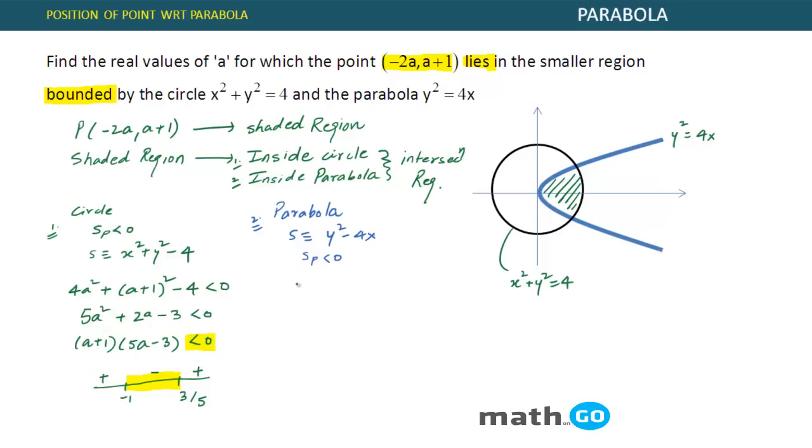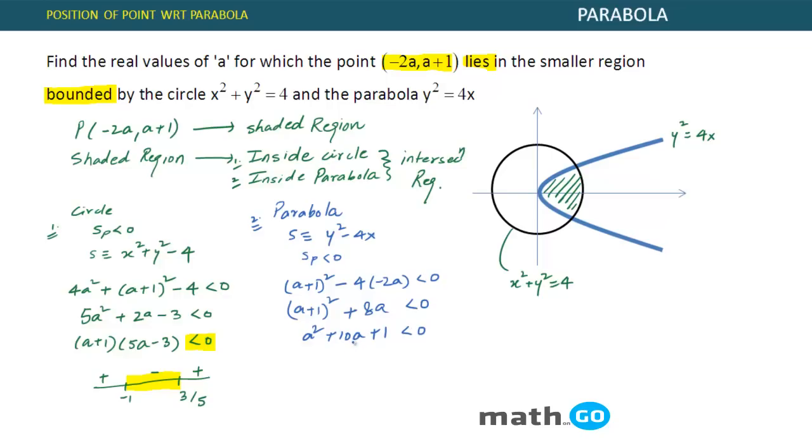What will this become? (a plus 1) whole square minus 4 into minus 2a should be less than 0. And if you notice, this becomes (a plus 1) whole square plus 8a less than 0, which reduces to nothing but a square plus 10a plus 1 less than 0, right?